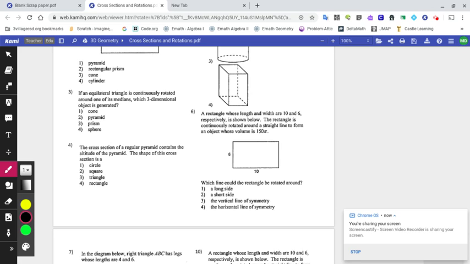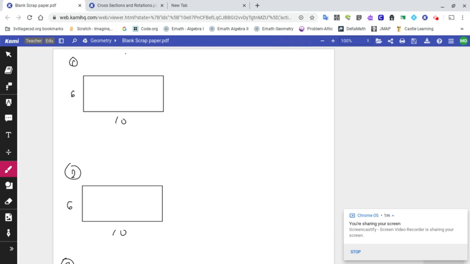All right, I'm going to switch to some other paper here because this is going to take a little bit of work. Choice 1 says if we rotate it around the long side. If I rotate this figure around this long side, which is 10, I get a cylinder that's going to look like this. That's going to be my cylinder.